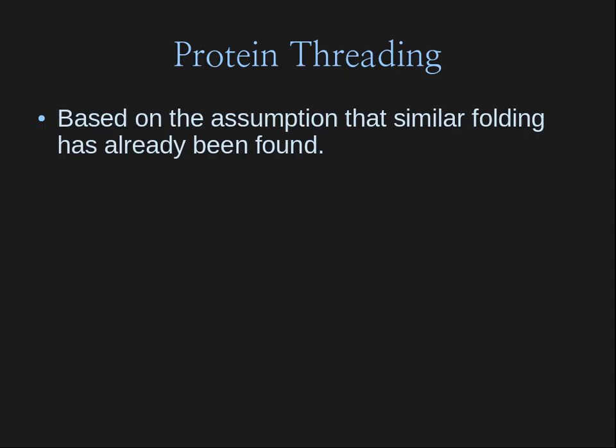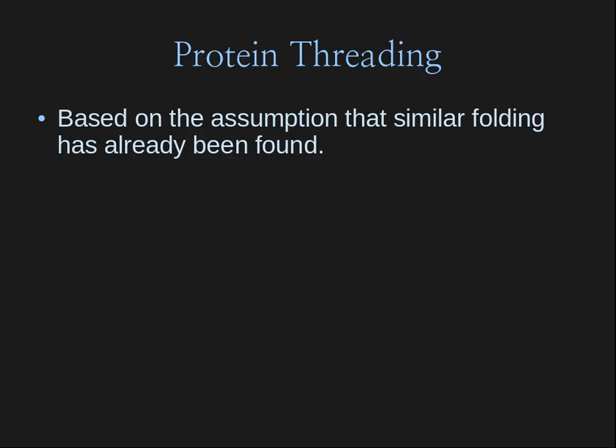The nice thing about this is a consequence of us actually empirically knowing the structures of lots of proteins, and that similar folding, probably at the fairly basic level or even at the level of the entire core of the protein, has probably already been found; something very similar is out there.